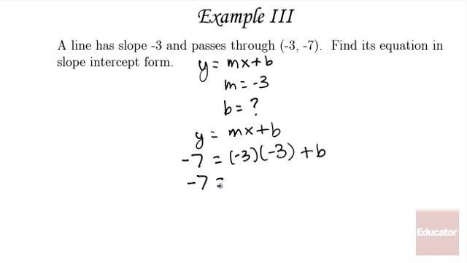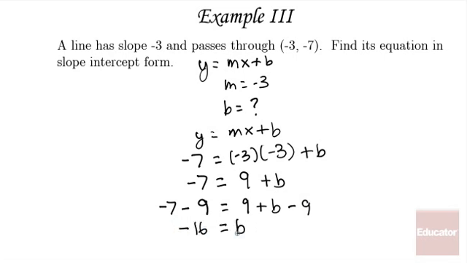That gives me -7 equals -3 times -3, which is 9, plus b. To isolate b, to solve for b, I'm going to subtract 9 from both sides. These 9s cancel out, which leaves -16 equals b.